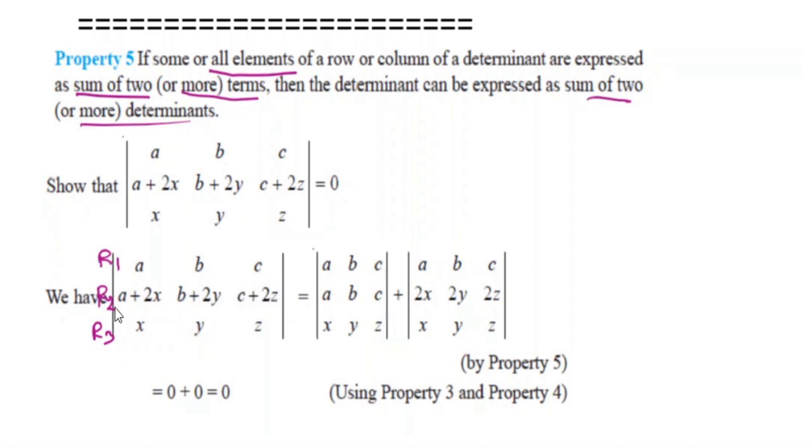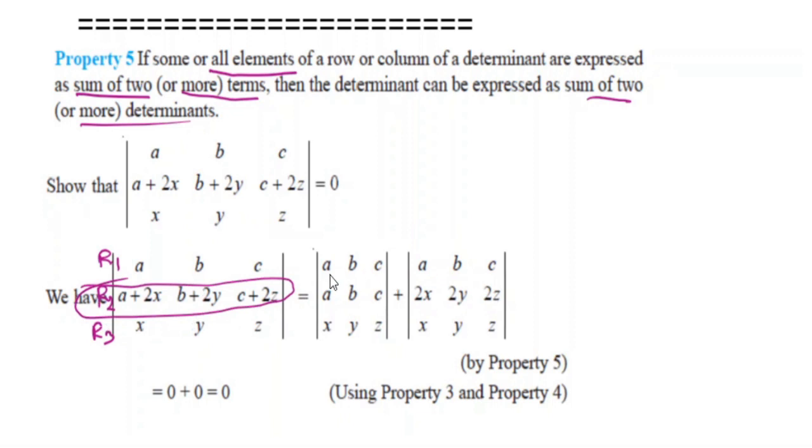So that can be separated into two different determinants. You can write down ABC, ABC, and you can split this, the same ABC with 2x, 2y, 2z. Are you able to follow? So I have isolated the second row only into two determinants.